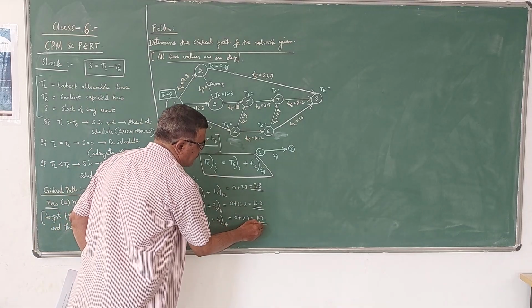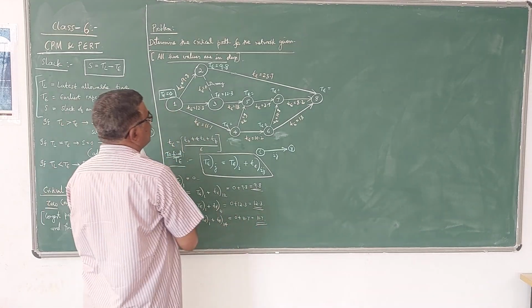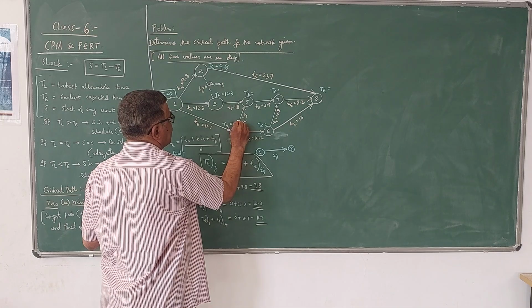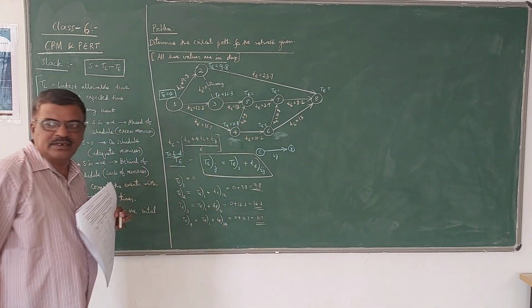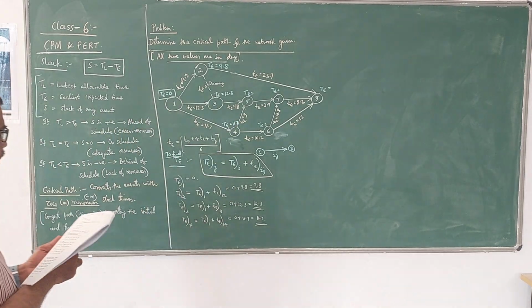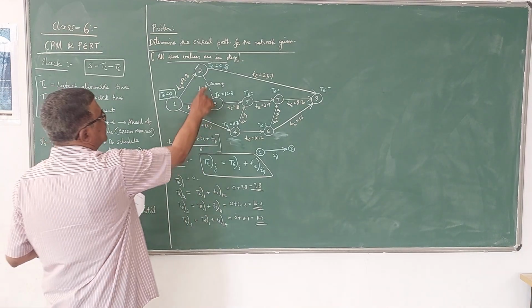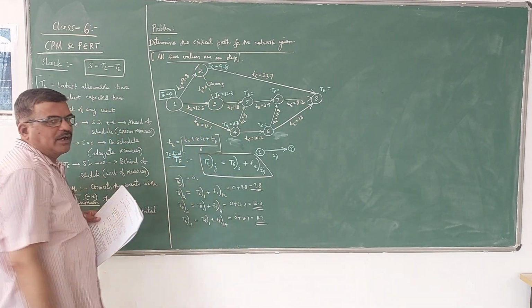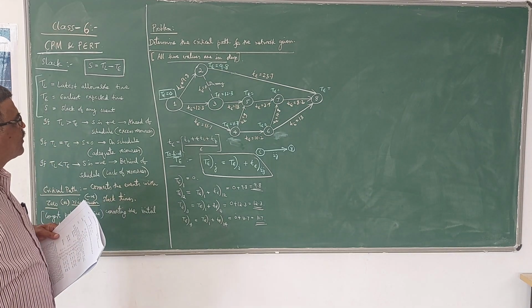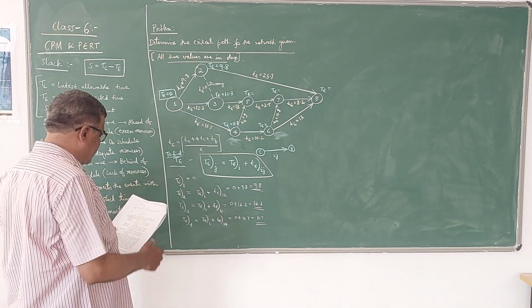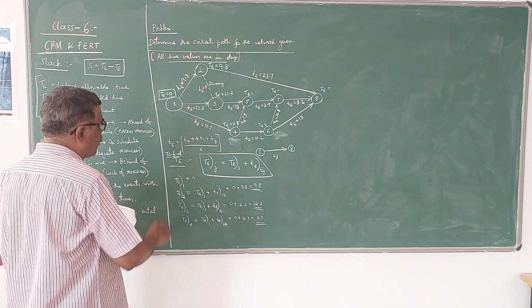So 11.7 is this value. Got it? You have only one activity connected to it. Since it is a dummy, we are not worried about that. We are not going to take any value of t because it is 0. So like this we got up to 4.